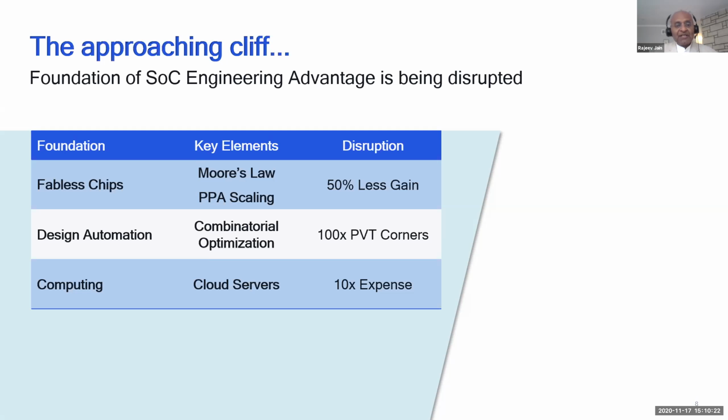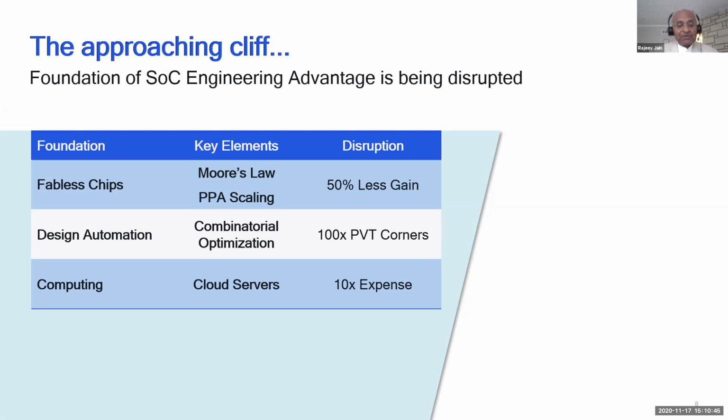The second is that the only way we got the Moore's law scaling till now is by a more complex fab process, which also means that the number of corners at which the designs have to be closed or converge has exploded. That's getting beyond the capacity of the combinatorial optimization algorithms that we have, and is causing another problem for us.